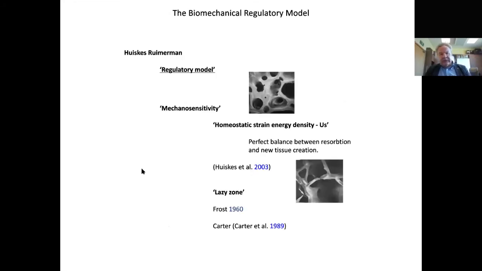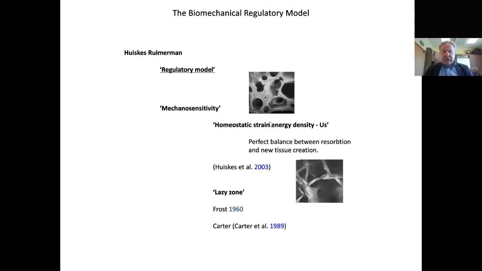And this model is called the regulatory model because there is regulation. The main assumption is some homeostatic strain energy density. You can look at this structure as a structure which is mechanically stimulated, and you have to measure the level of the stimulation, and the measure of the stimulation is the strain energy density.